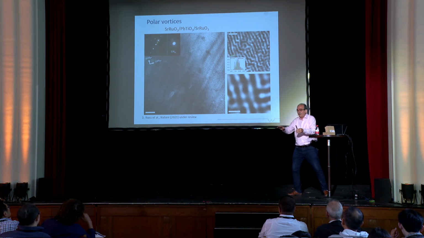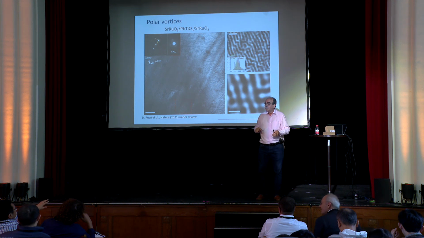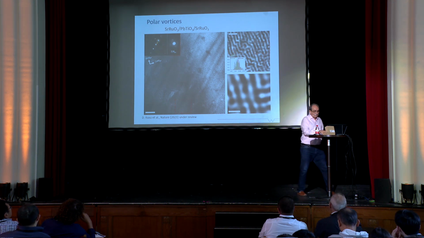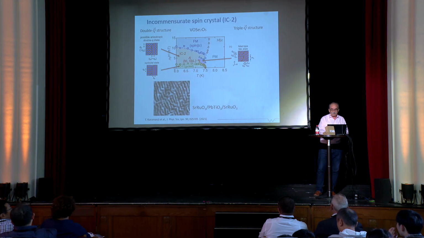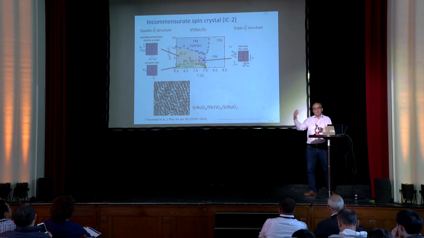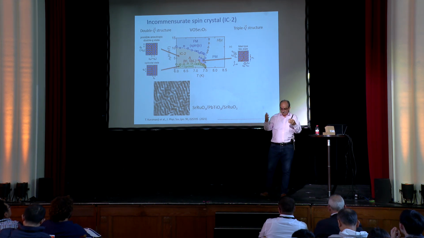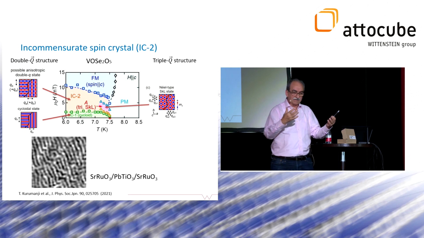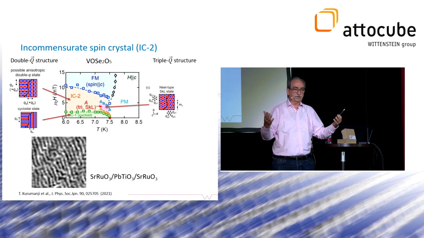Anyway, I want to stop here. I'm almost done. It's just to show that we have the same thing in the ferroelectrics. So practically, the physics behind ferromagnets and ferroelectrics, despite them being completely different materials, resemble each other so much.